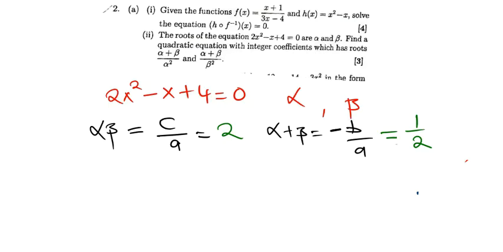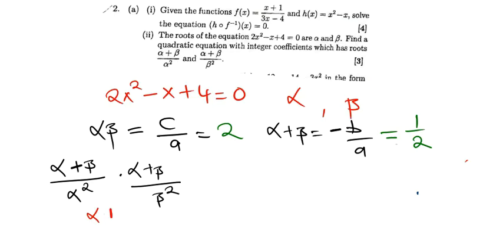Let's start with multiplication. Alpha plus beta over alpha squared, multiplied by alpha plus beta. What happens when you multiply these two? Alpha and beta multiplied by alpha and beta would be alpha plus beta squared, divided by alpha squared multiplied by beta squared.